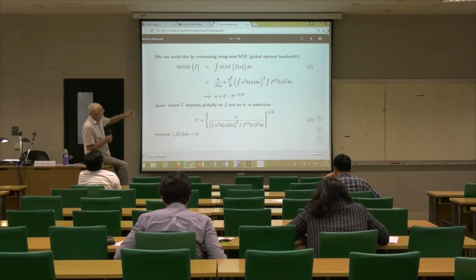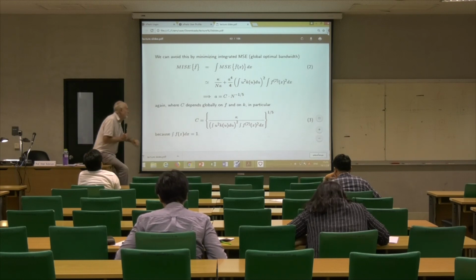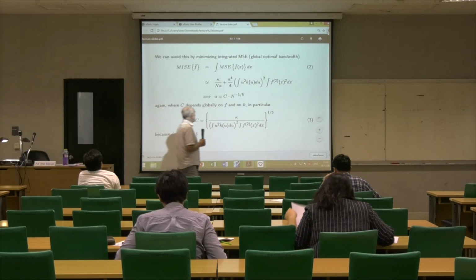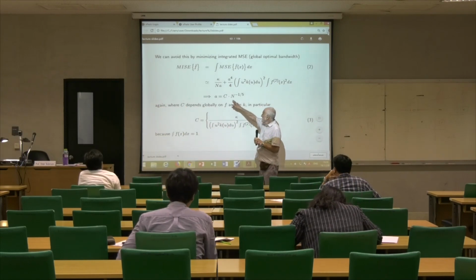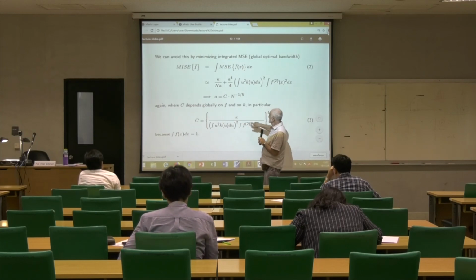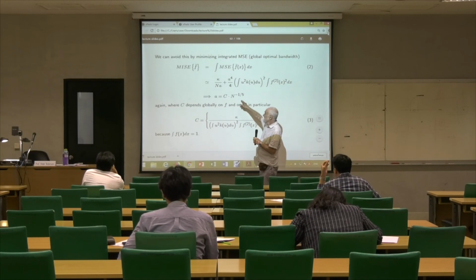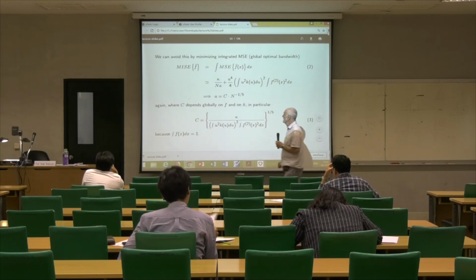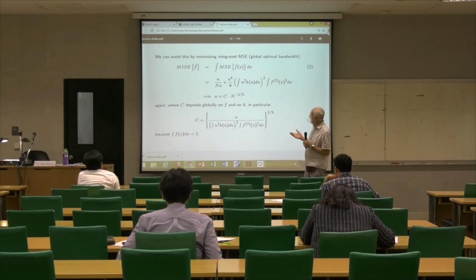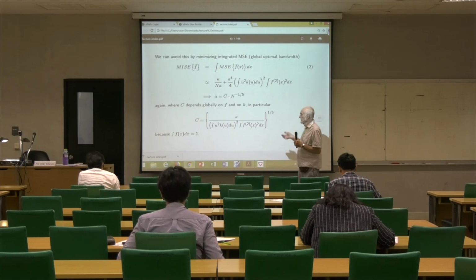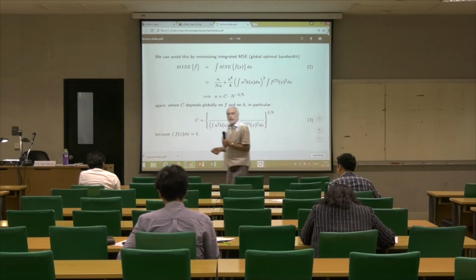And if we integrate out the formulae we had before, essentially we get some factor c, where we've integrated out over x, times n to the minus fifth, the same one as before. So that's a bit more manageable, isn't it? We don't have to change the choice of bandwidth for each x.